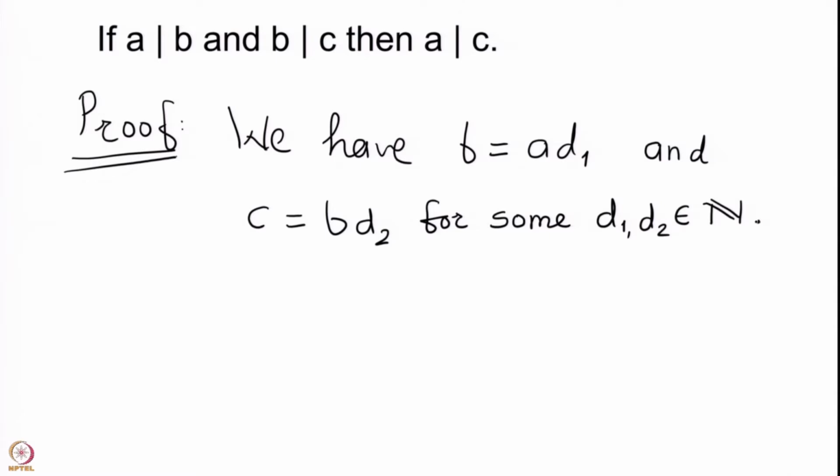If you have A divides B and B divides C, then we should have that B is A into a natural number, C is B into possibly another natural number, we do not care. So, we have B is A D1 and C is B D2.